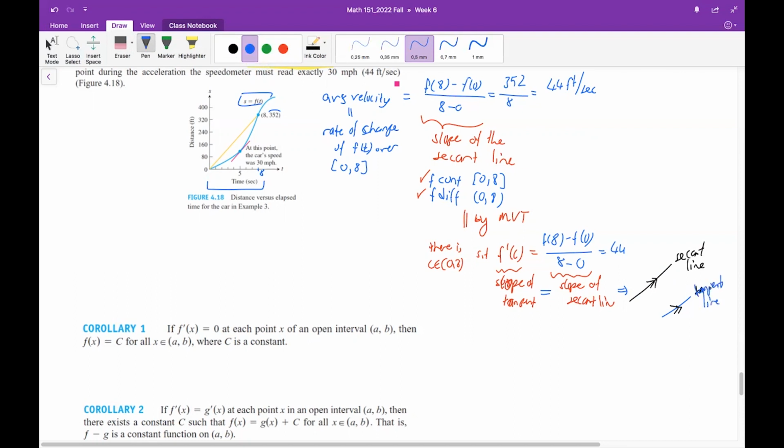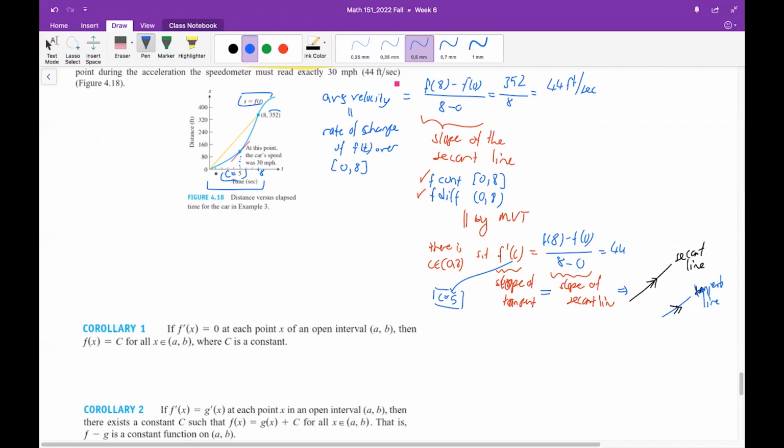This is the tangent line. The mean value theorem guarantees that there is one point between 0 and 8, which is the point 5 in our example. So c is 5 in this particular example.